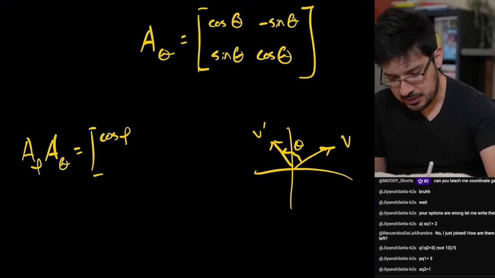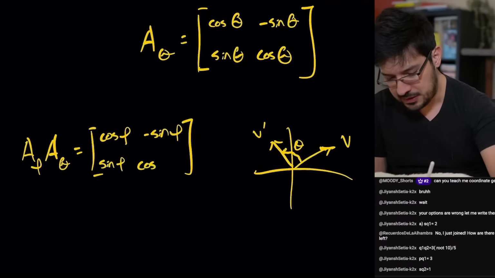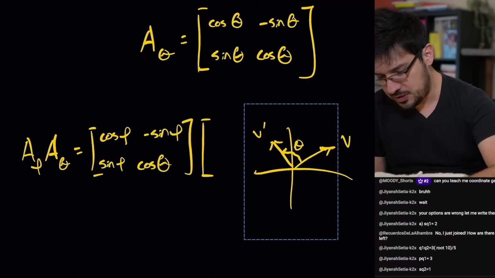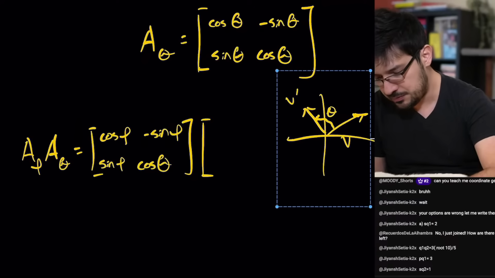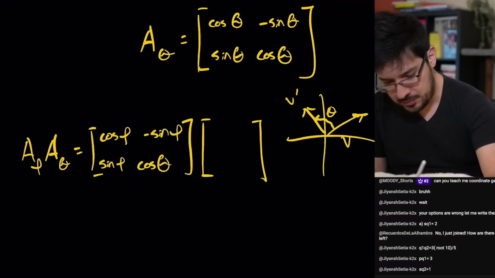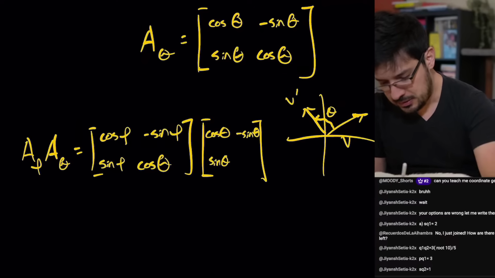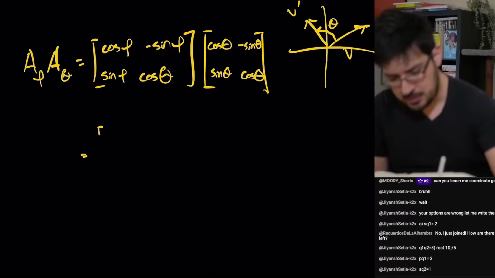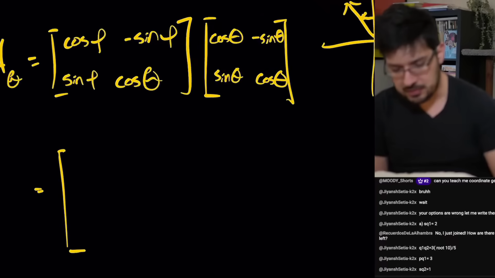Cosine phi, negative sine phi, sine phi, and cosine phi, multiplied by the matrix cosine theta, negative sine theta, sine theta, cosine theta. This is just like a previous problem that I did recently. Right? So now we multiply these matrices.